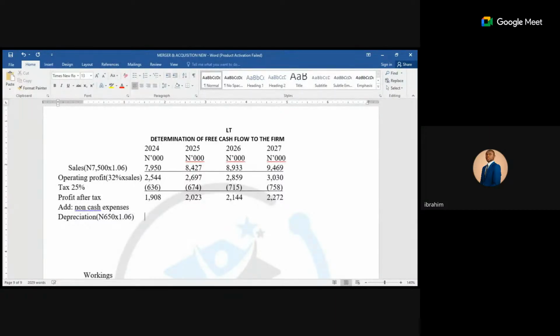What do we have? 689. What do we have here? 730. What do we have here? 774. What do we have here? 821. We add it back because it has been included in the operating profit margin.